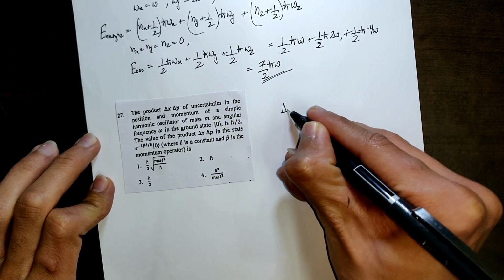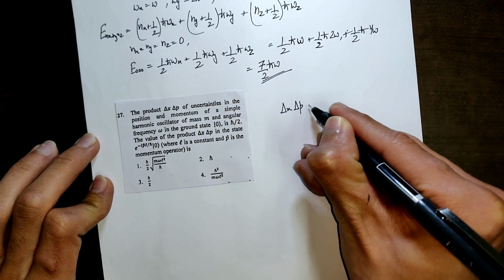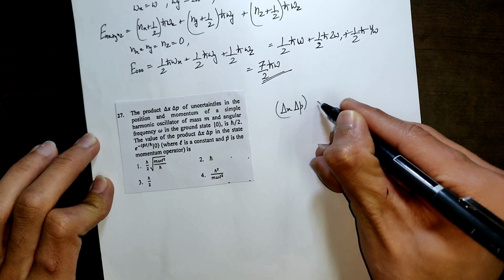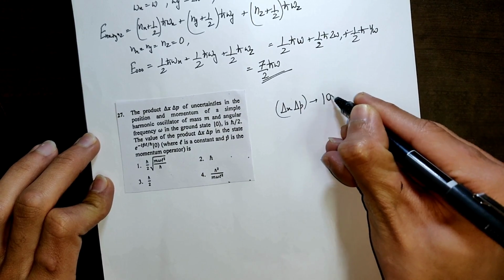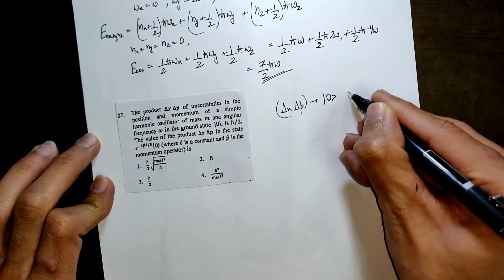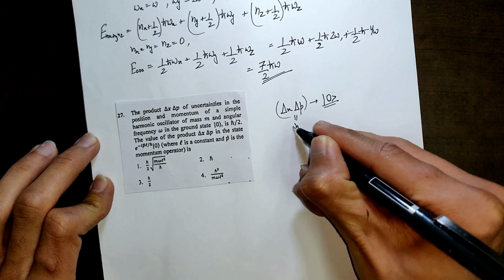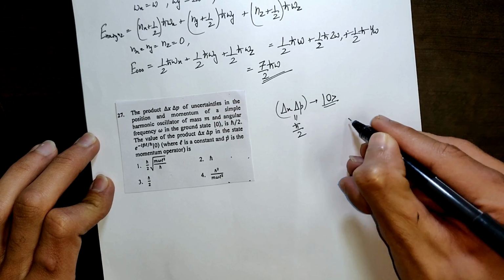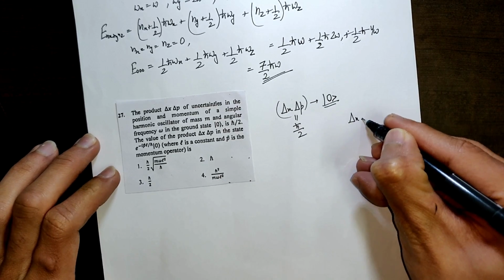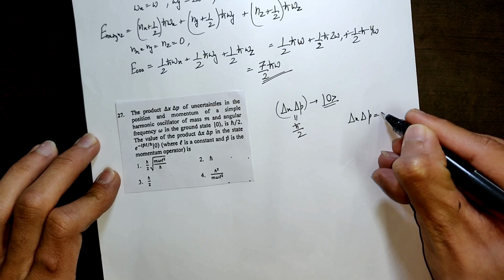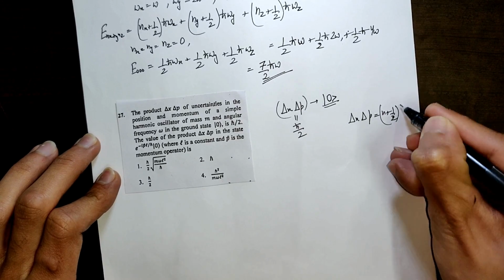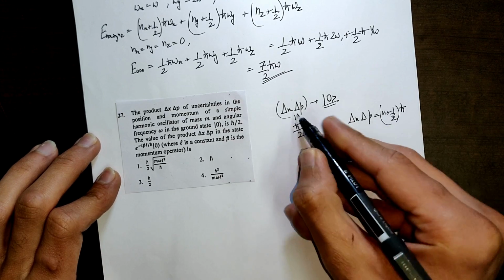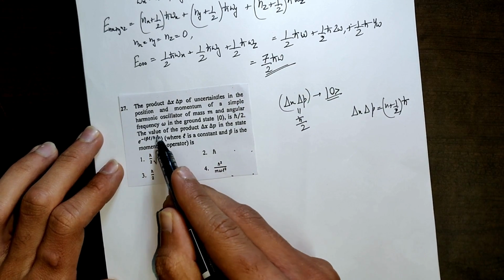So we have been given that the product of uncertainty in the ground state is equal to h cross by 2. We also know that the formula for the uncertainty product delta x into delta px is (n plus half) h cross. It's clear that for the ground state, delta x into delta px is h cross by 2.